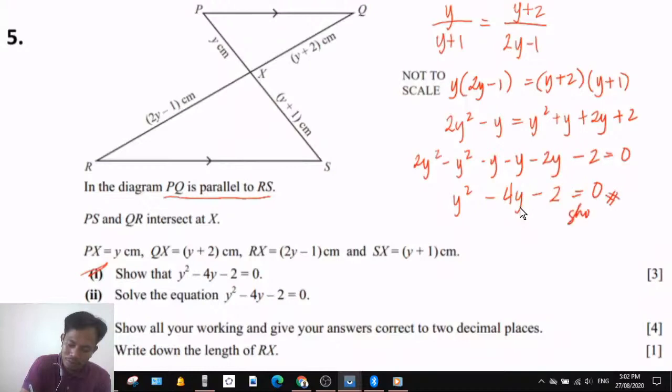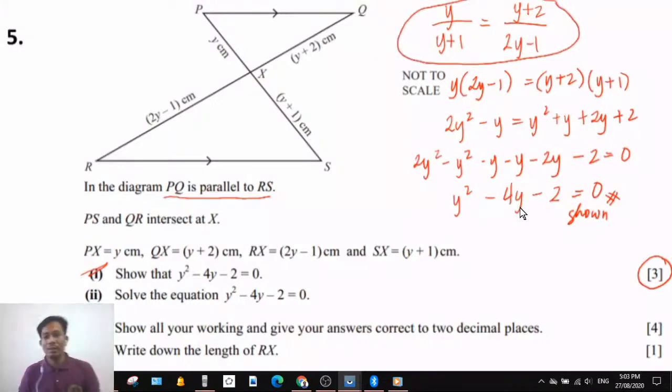Shown. Immediately you'll get 3 marks. But again, you cannot show this without this idea. So if you want to learn more about this part, how did I get this, or how did I find this out, you have to wait.